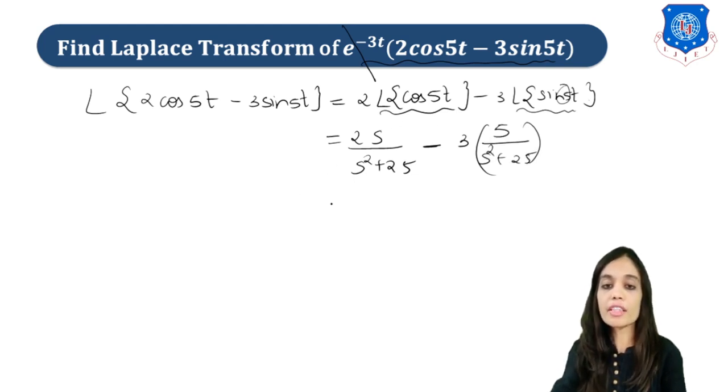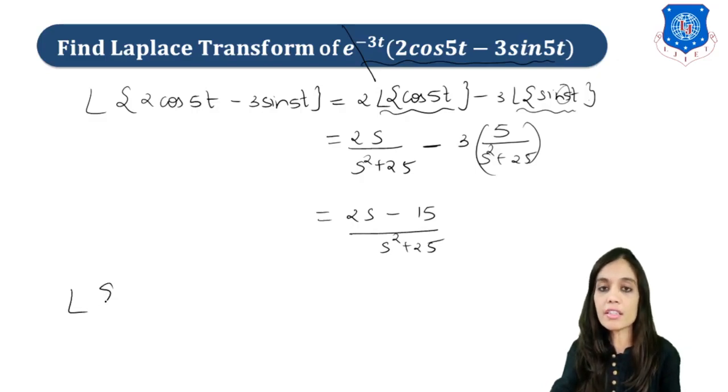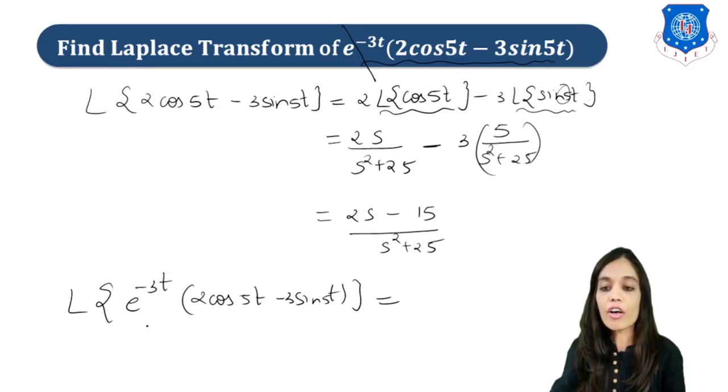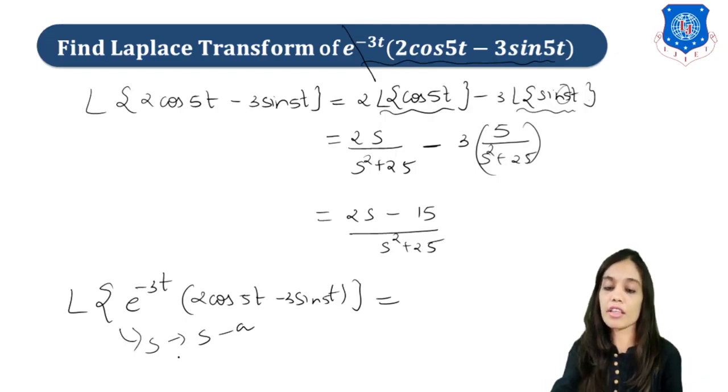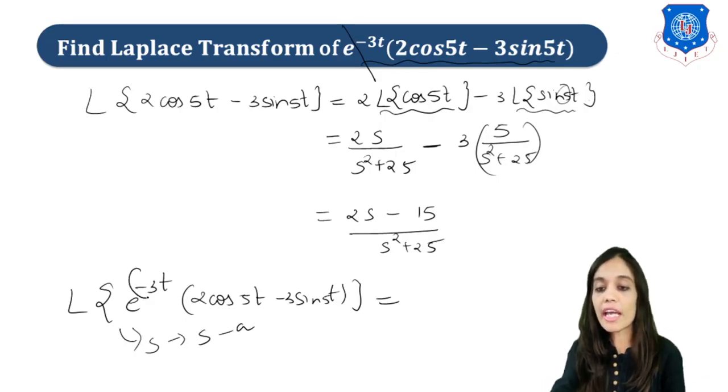So on simplifying this, what we will have? 2s minus 15 upon s square plus 25. Fine. Now bring this e. So e raised to minus 3t times 2 cos 5t minus 3 sin 5t. Right? So again on applying first shifting theorem, s by s minus a. So here we have a as what?